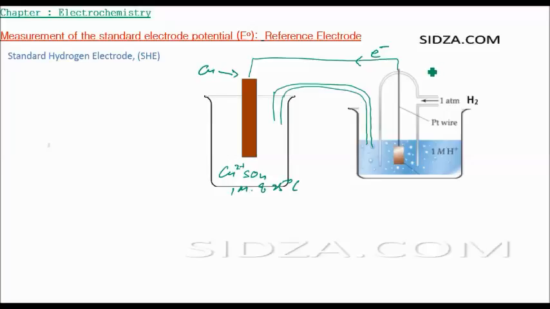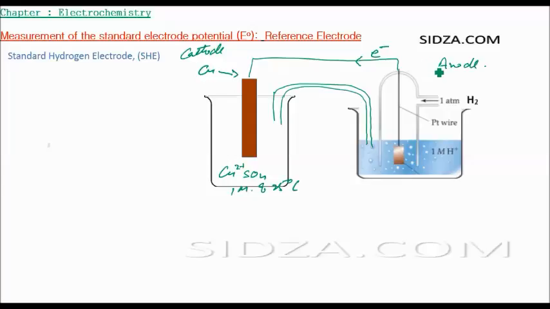Hydrogen will not be able to take electrons from copper, because copper has a high reduction potential. So hydrogen will lose electrons and act as the anode, and copper will act as the cathode.